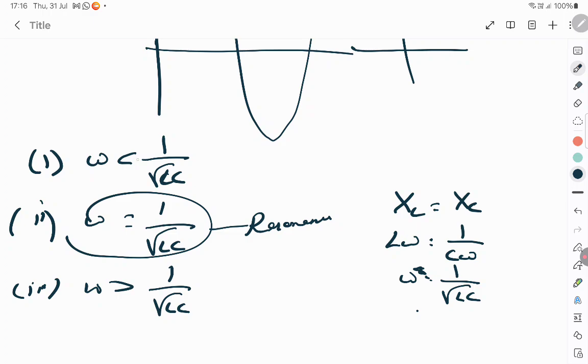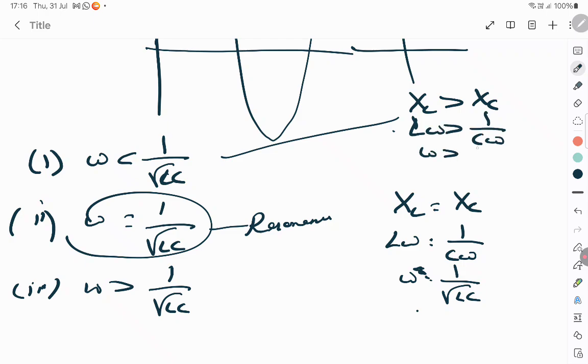But look at this. If XL is greater than XC, this condition will occur. Then L omega will be greater than 1 by C omega, so omega square will be greater than 1 by LC, and omega will be greater than 1 by root of LC.